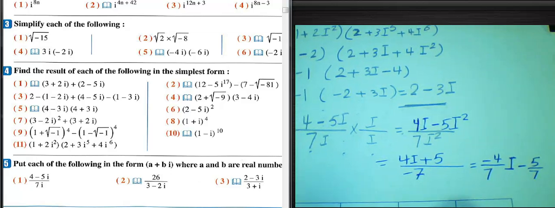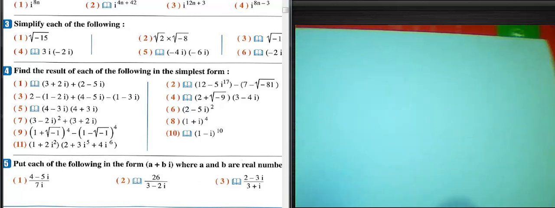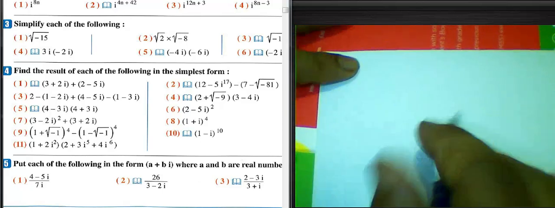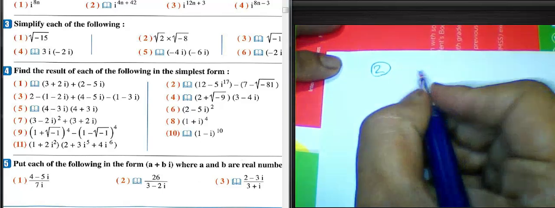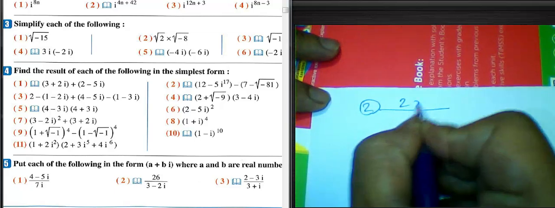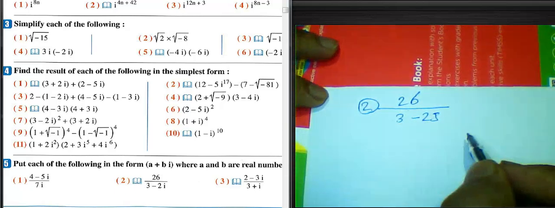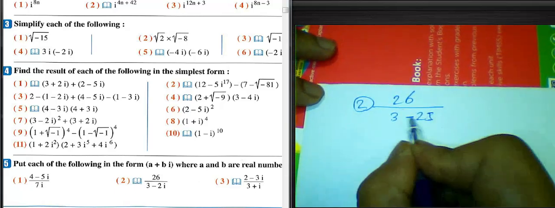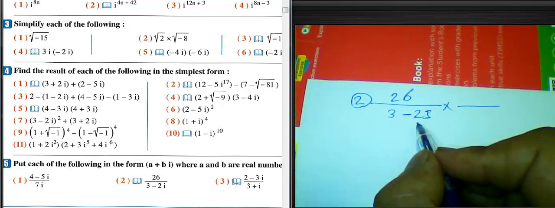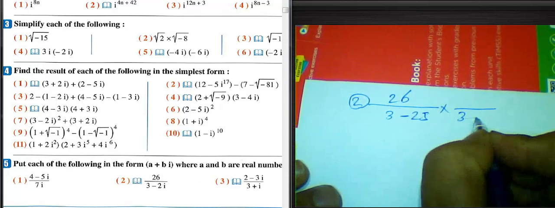Question number 2: 26 over 3 minus 2i. Who can solve it? We can solve it by multiplying by the conjugate. The conjugate of 3 subtract 2i equals 3 plus 2i.